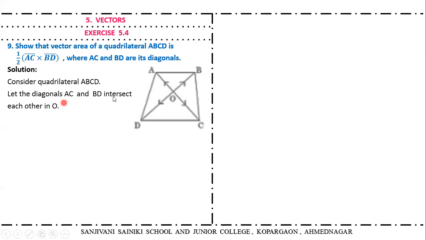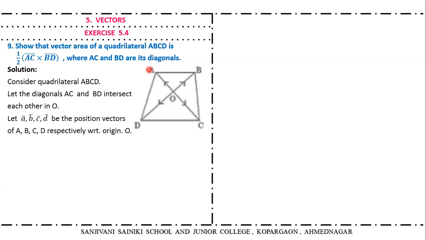Let the diagonals AC and BD intersect each other at the point O. Let A bar, B bar, C bar, D bar be the position vectors of the points A, B, C, D respectively with respect to the origin.